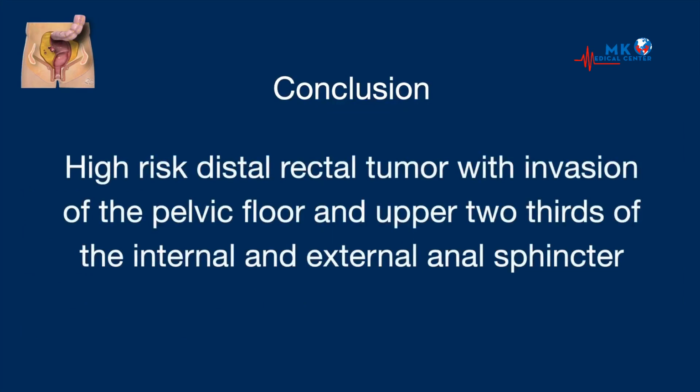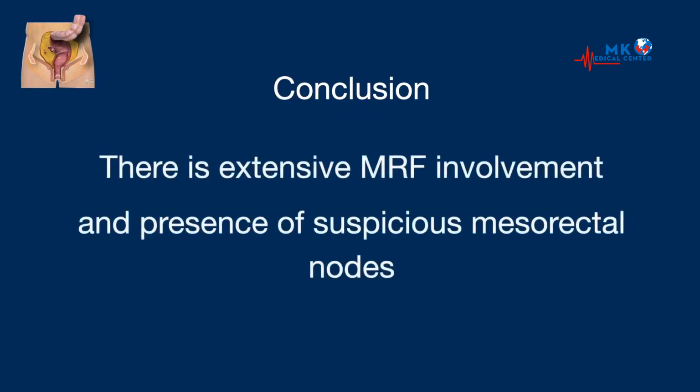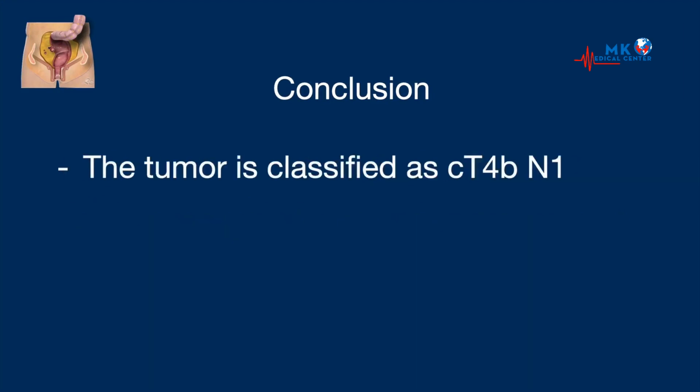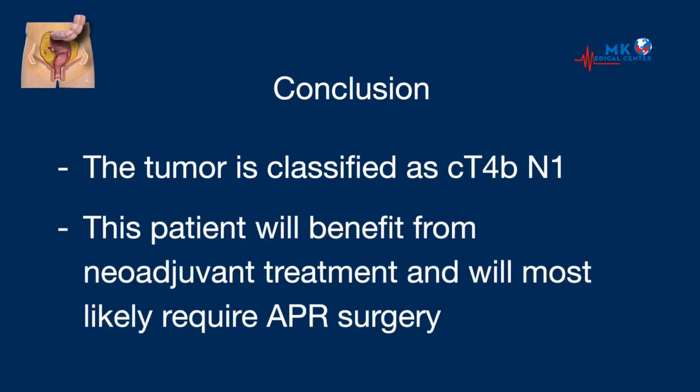Conclusion: this is a high-risk distal rectal tumor with invasion of the pelvic floor and upper two-thirds of the internal and external sphincter. There is extensive involvement of the mesorectal fascia, and there are a couple of mesorectal nodes which are very suspicious, even located in the high mesorectum. This tumor is classified as a clinical T4B because of the invasion of the pelvic floor muscles, and N1 because of the lymphadenopathy.